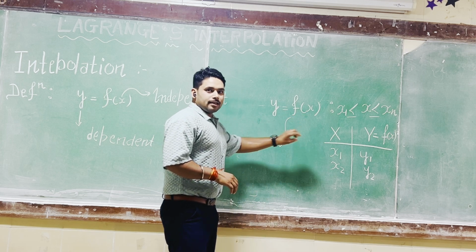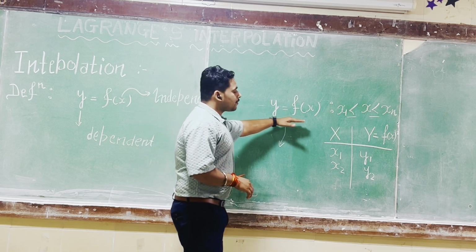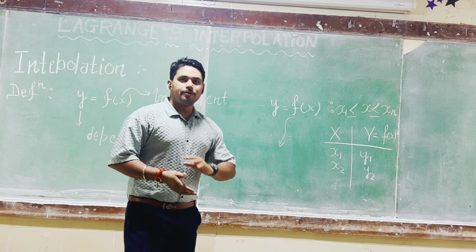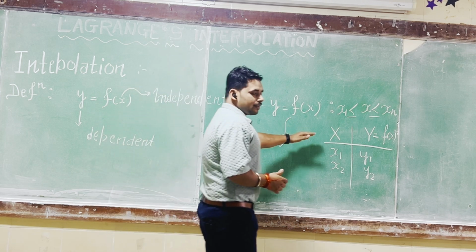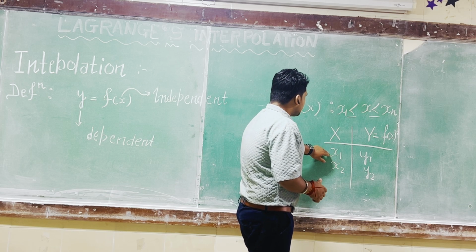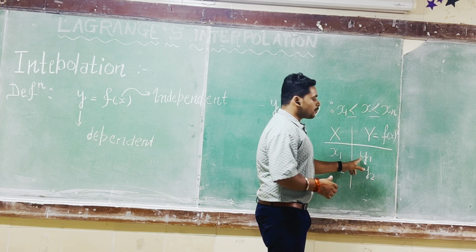But in our case, suppose we don't know the function, we don't have the correct expression of the function, but we have a table of data which gives the corresponding value of y1 for x1.